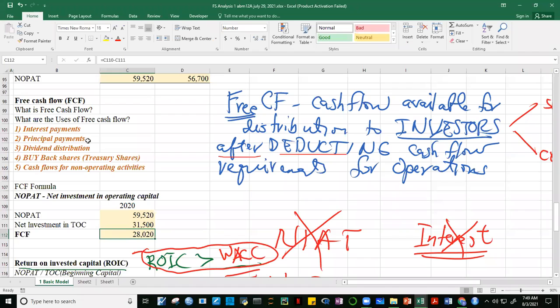Interest payments, principal payments, for the creditors, dividend distribution to the shareholders, and sometimes a company would buy back shares, and it's called Treasury Shares. And I hope you did some research on why a company would like to buy back its own shares of stocks. And then it's also used for cash flows from non-operating activities. Okay.